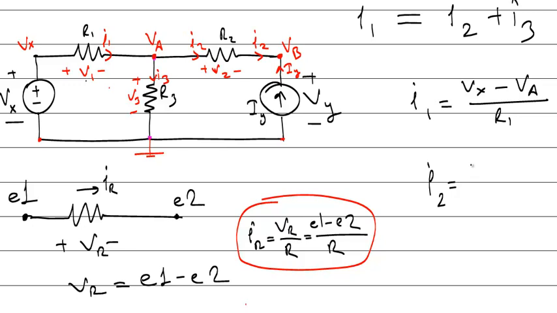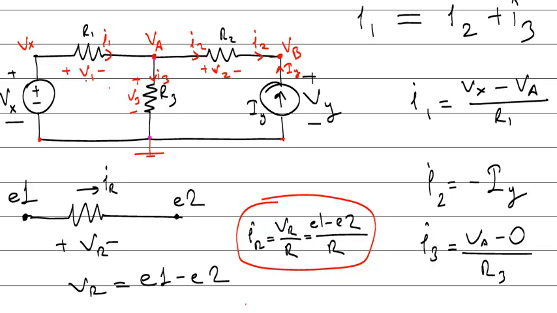I2 is known. I know the value of I2, minus IY. No need to write voltage divided by resistance. What's I3? Look, positive side is VA, minus negative side, which is ground, divided by resistance.